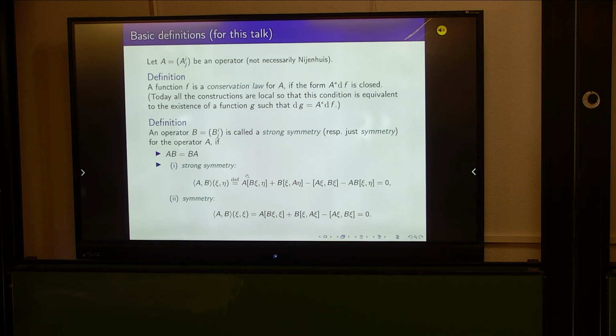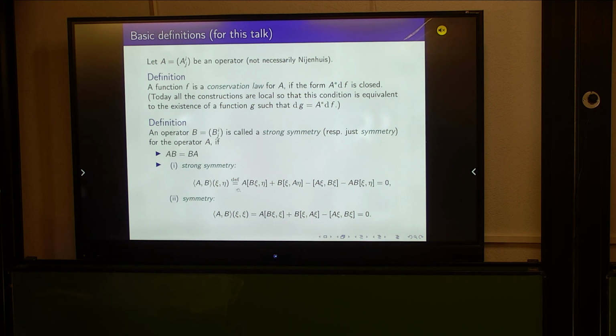No, it's just matrices. And strong symmetry means that this condition here is fulfilled. If you compare this condition with the definition of the Nijenhuis operator, it's basically the same, but if I replace B with A, I will get exactly Nijenhuis torsion.